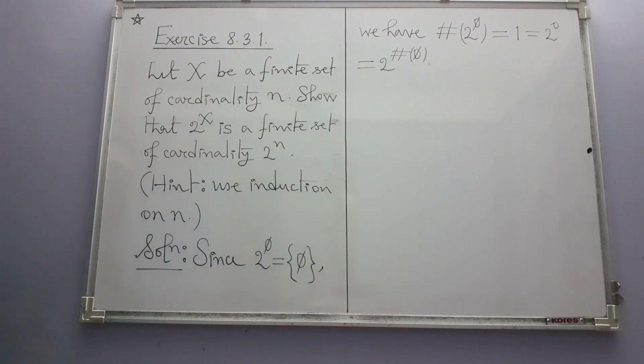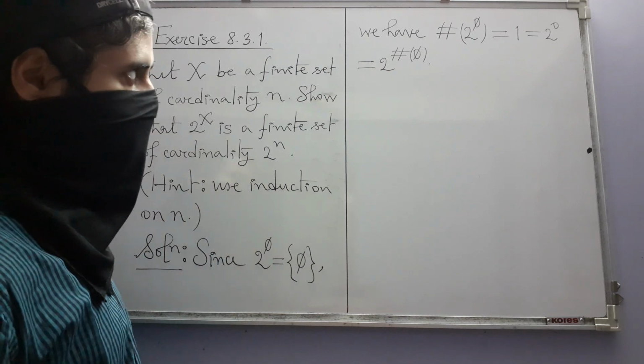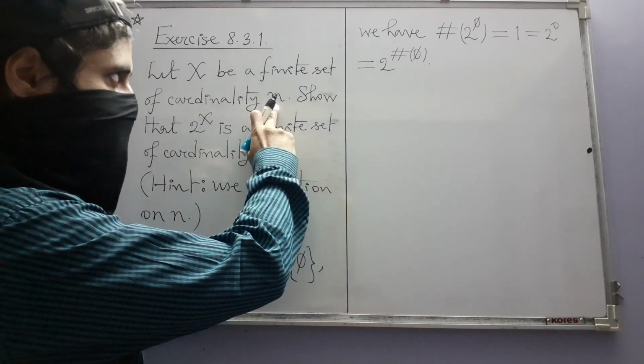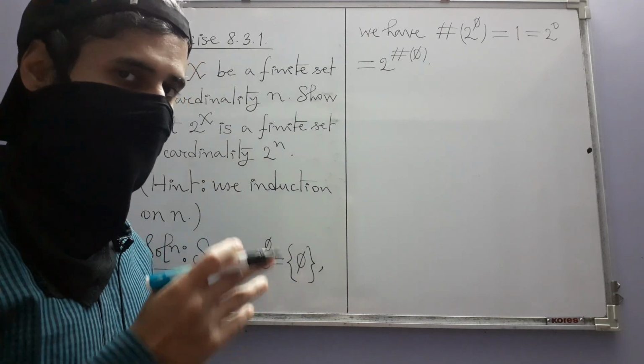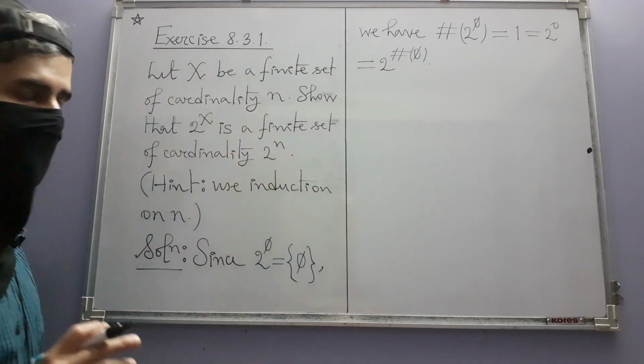So that means our claim is true when n is 0, and in that case, of course, the only set is the empty set because it's the only set whose cardinality is 0.